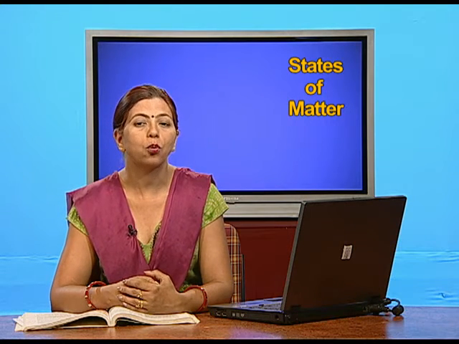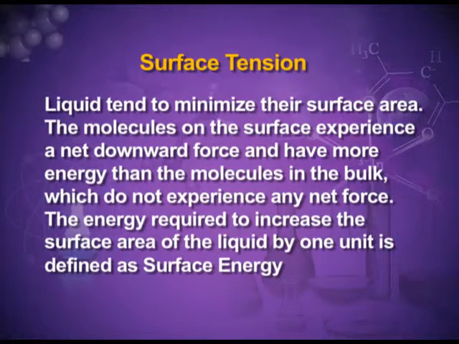Now let's see what surface tension is. Liquids tend to minimize their surface area. The molecules on the surface experience a net downward force and have more energy than the molecules in the bulk, which do not experience any net force.